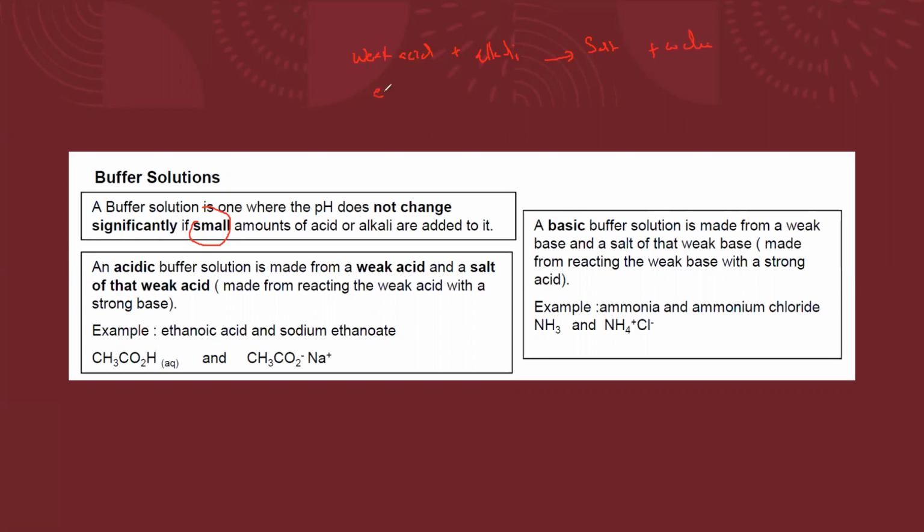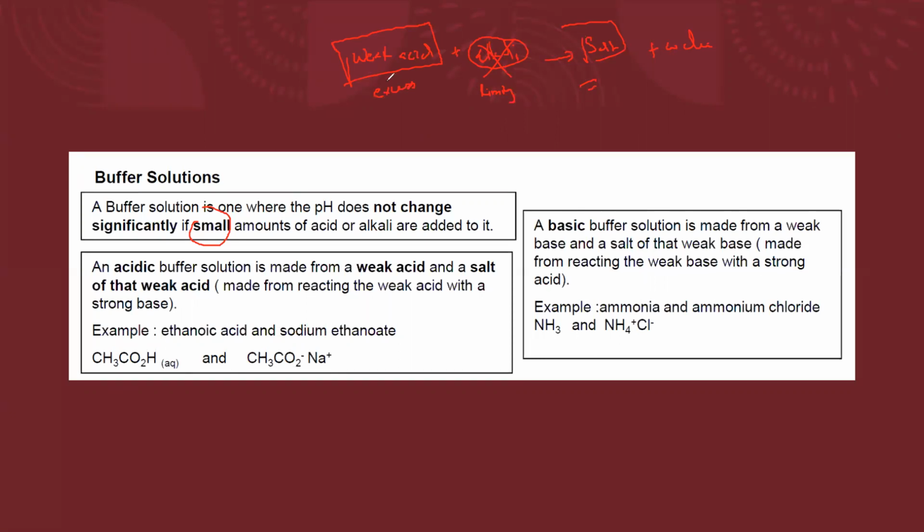Example, the weak acid is in excess, excess means more than enough, and the alkali is the limiting reagent. So the alkali will be used up, and what you're left with is weak acid and its salt. So a solution which contains weak acid and its salt is known as a buffer solution.